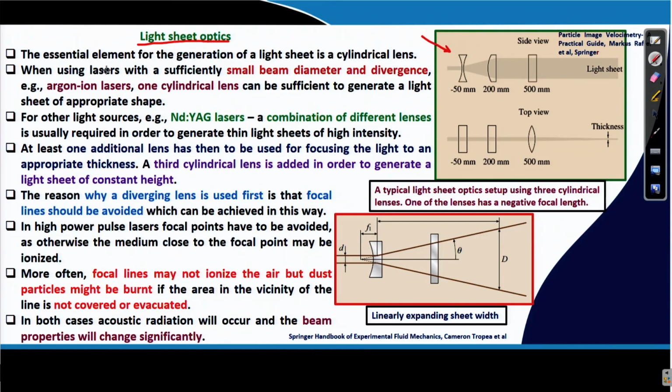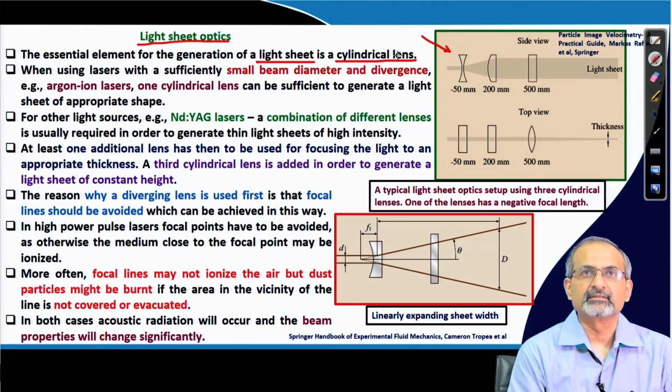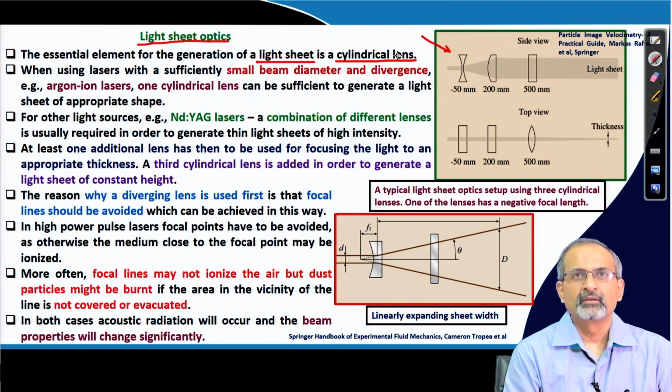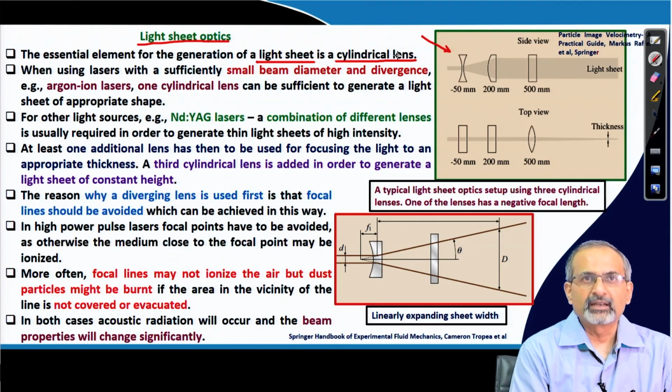Now, the essential element for generation of the light sheet which will illuminate the tracer particles is cylindrical lenses, and you need to have one so that you can form an appropriate light sheet which is well focused and of the desired thickness with the set of lenses that you will be arranging.